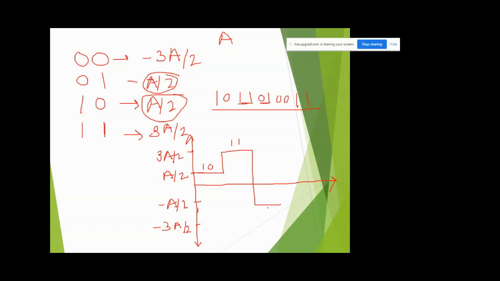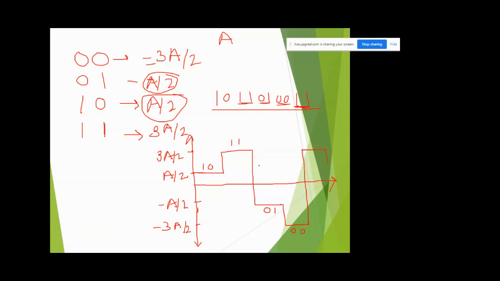After that the next bits are 0 0, and for 0 0 we have minus 3A by 2. The next bits are again 1 1, so it is 3A by 2. So this is the polar quaternary signal.